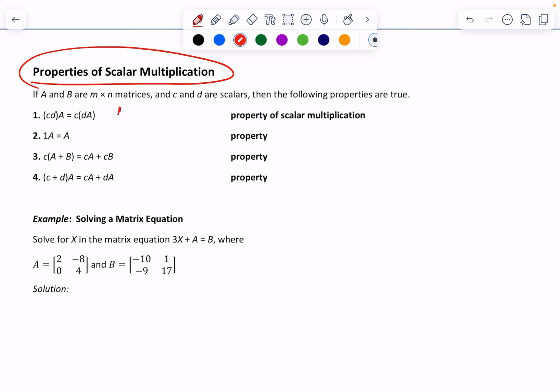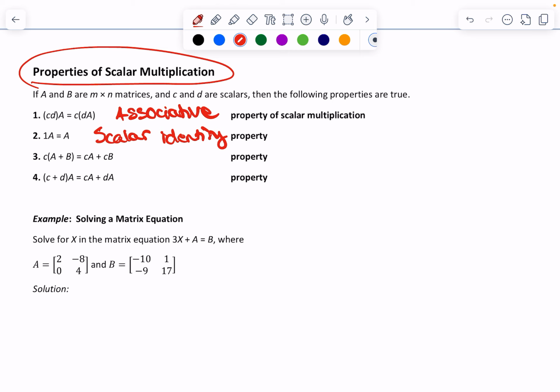This is the associative property of scalar multiplication. Or 1 times matrix A is the same thing as the matrix A, and this is the scalar identity property. Identity doesn't change.